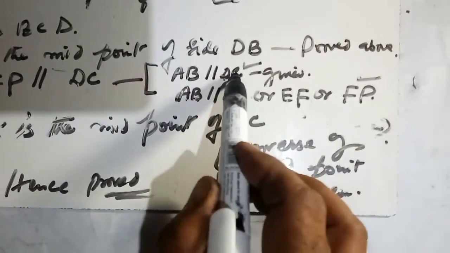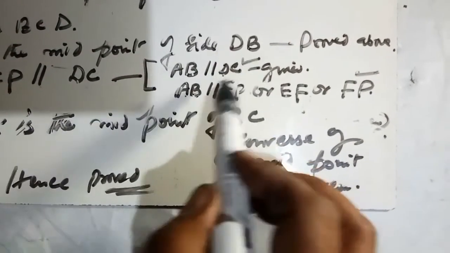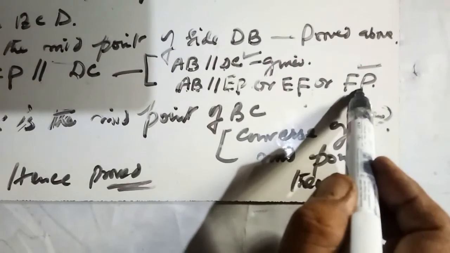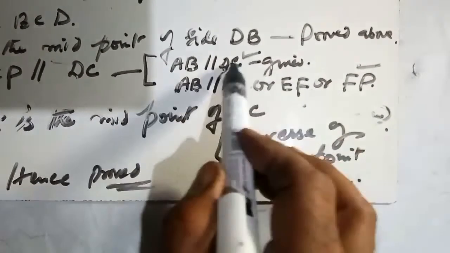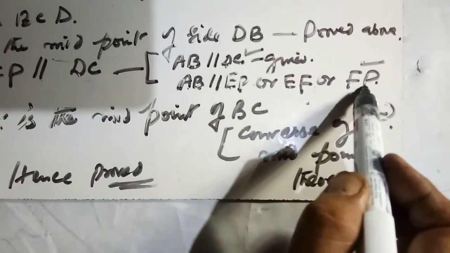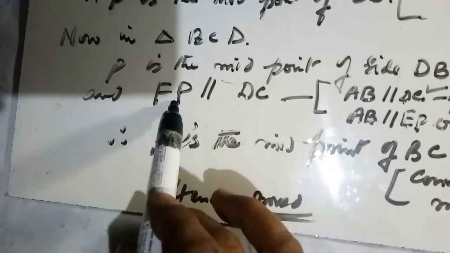So AB is parallel to DC, and AB is again parallel to FP. So DC is parallel to PF. So we write here DC is parallel to PF.